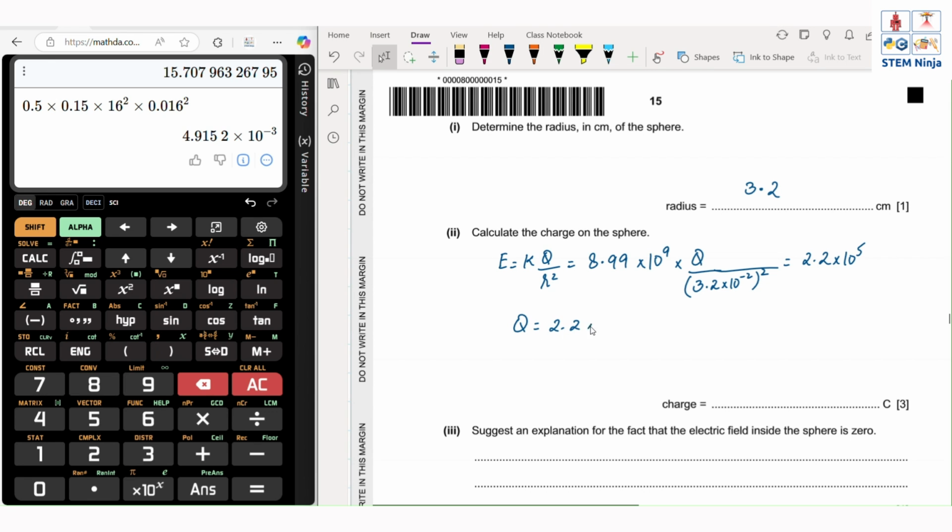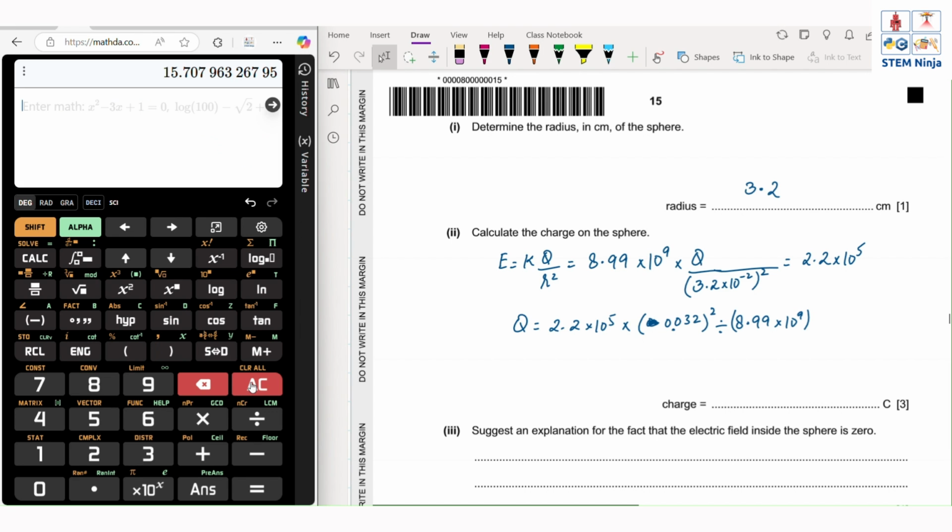Now we just need to cross multiply for Q. So 2.2 times 10 raised to power 5 times 0.032 squared, divided by 8.99 times 10 raised to power 9.